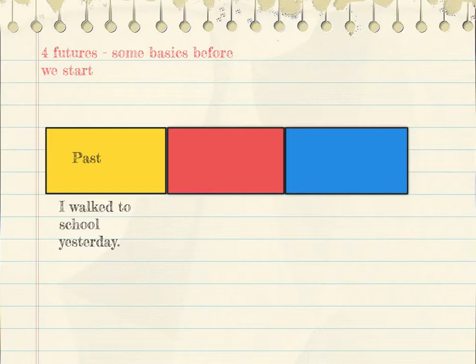Next we have the present. We use this for actions happening as we speak, so at the moment, or for actions that happen routinely, so that happen every week or every year. For example, I walk to school every day.